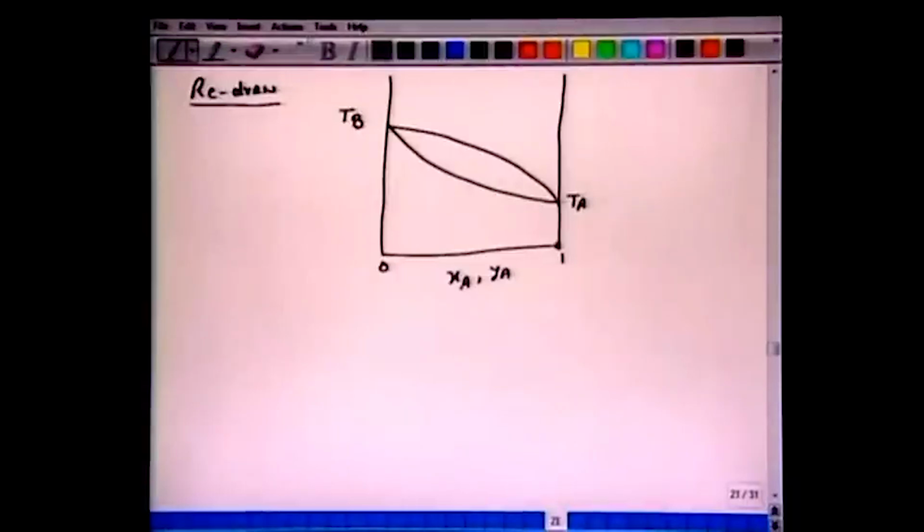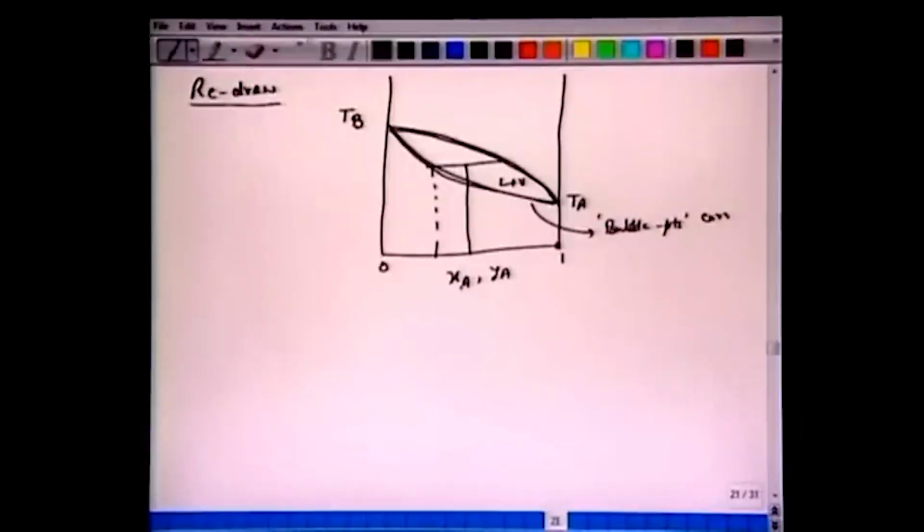This is the bubble point curve, and this is the dew point curve. If we take any composition ZF and we reach this zone of liquid plus vapor, we have compositions given by this bubble point curve, given as X, and we have this composition Y given by the dew point curve.